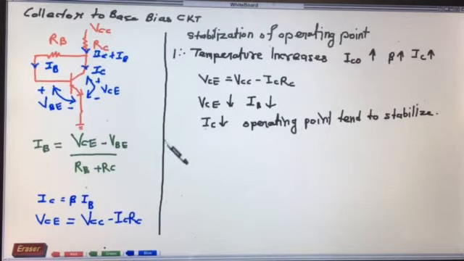Our next point is here RB is the resistance connected after RC, and VCC is the supplied voltage across both resistances, so here RB is acting as a feedback.